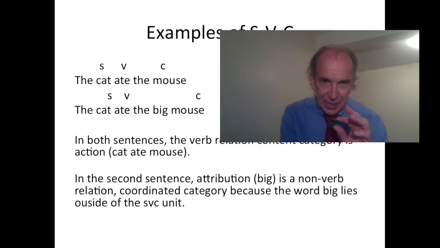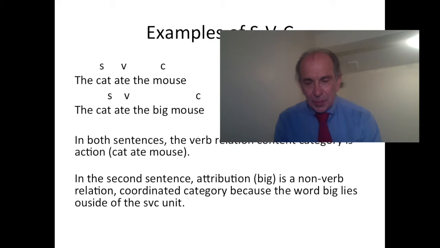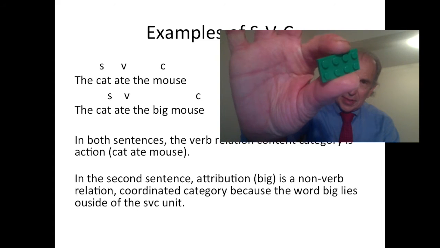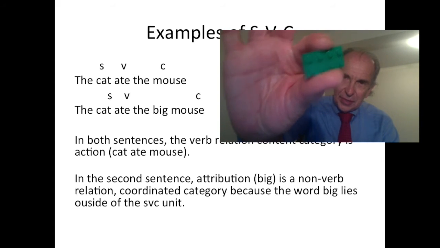In the second sentence, attribution big is a non-verb relation content category because the word big lies outside of the SVC unit. So let's pretend that the SVC unit is this Lego block. Whoops, am I in front of the camera? Yes. Here, the SVC unit.